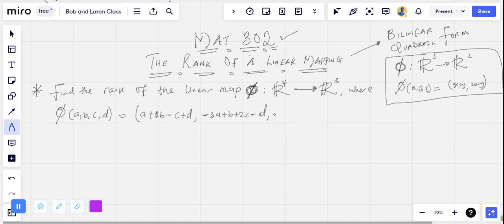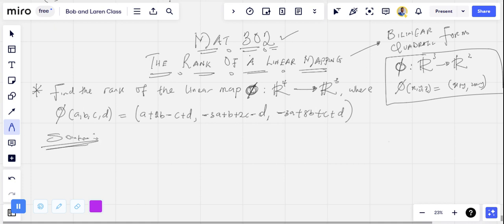And the last one is minus 3a plus 8b plus c plus d. Now we need to find the rank of this linear map, just the rank. Let's go ahead with the solution.